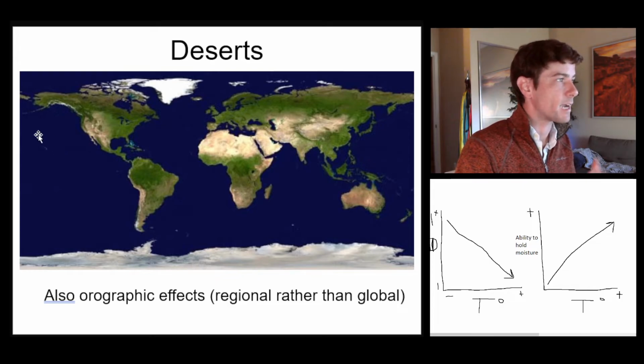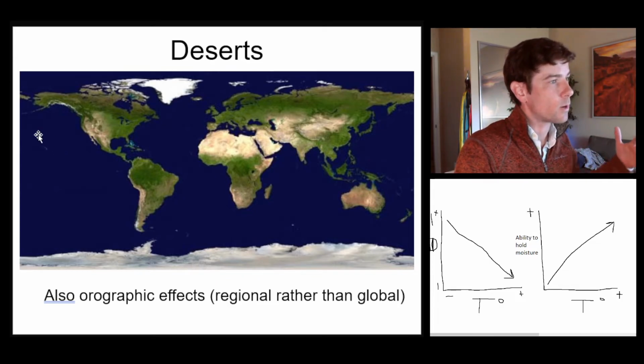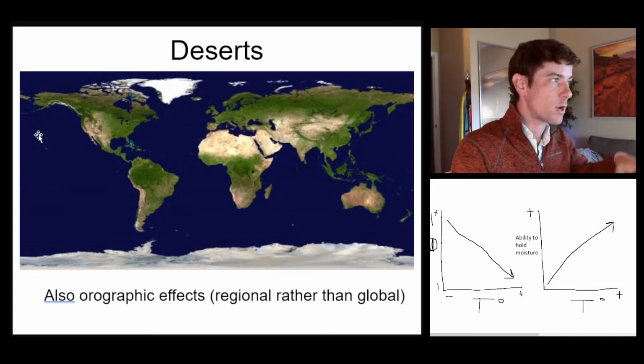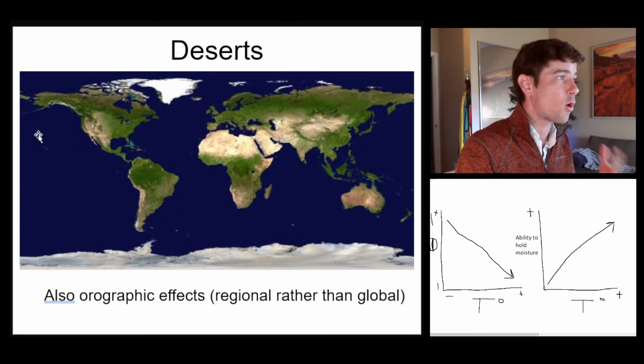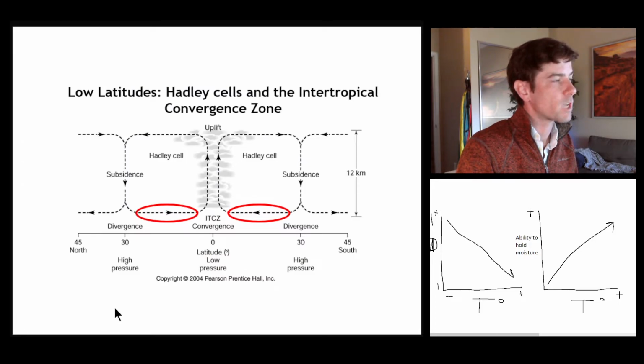And so as air is forced up in altitude, when it encounters the Cascades, it drops its moisture. By the time it gets to the east side of the Cascades, it's cold, dry air. And so when it comes back down in altitude, it warms and it picks up moisture. It doesn't drive rain. Rain is very rare there. It's the orographic effect.